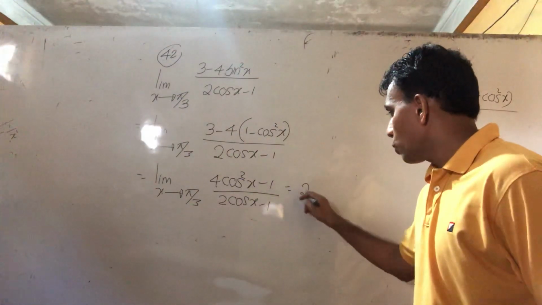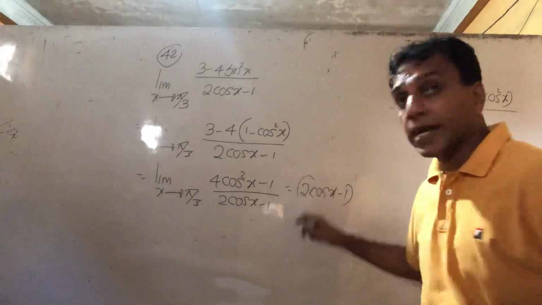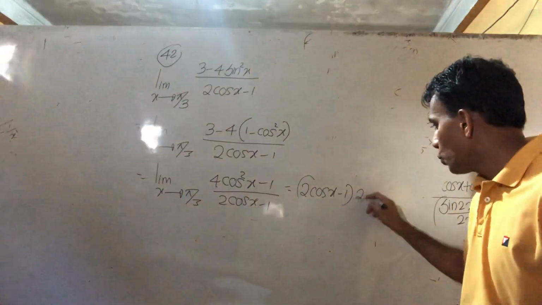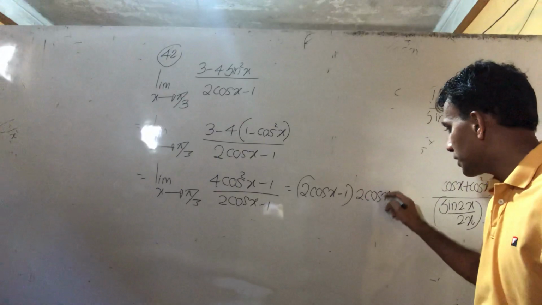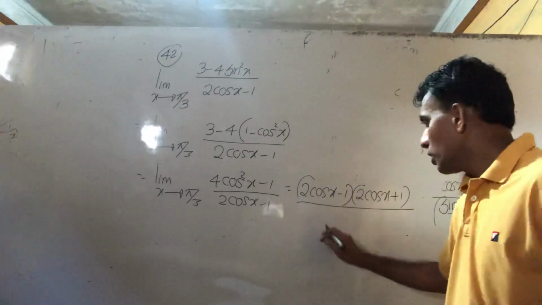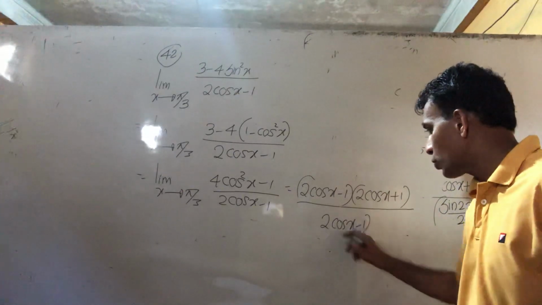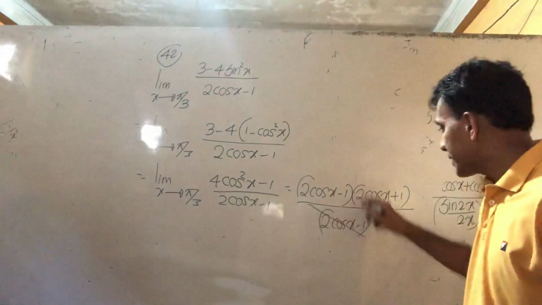That is 2 cos x minus 1 into 2 cos x plus 1 over 2 cos x minus 1, right? So it's cancelled.